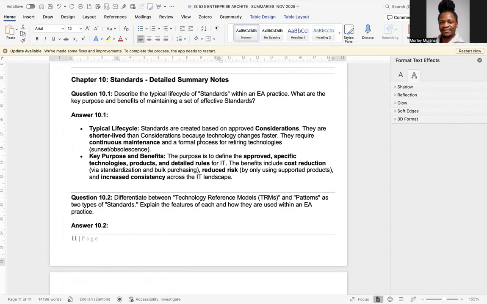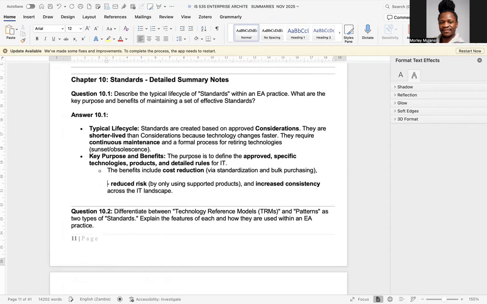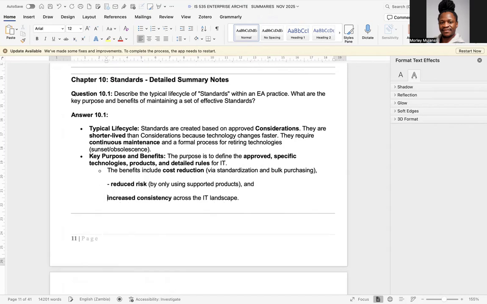So the benefits, we've said the benefits of this is to reduce the risk, and then increase the consistency across the IT landscape. Those are just the benefits.